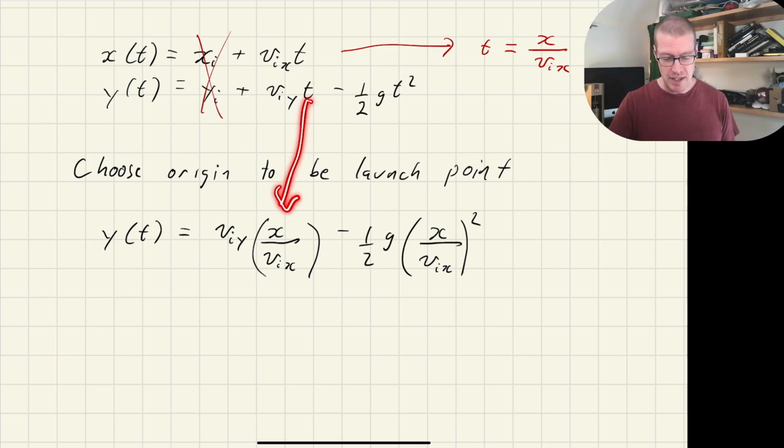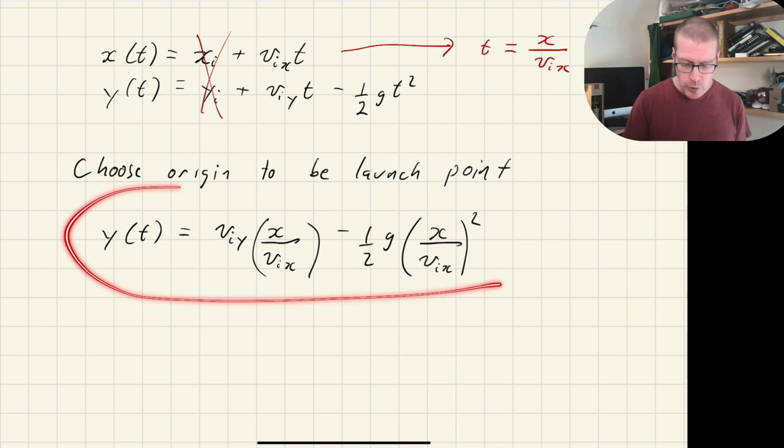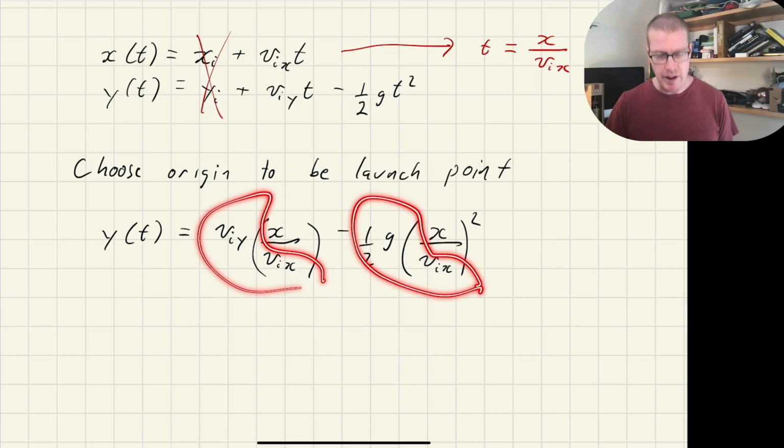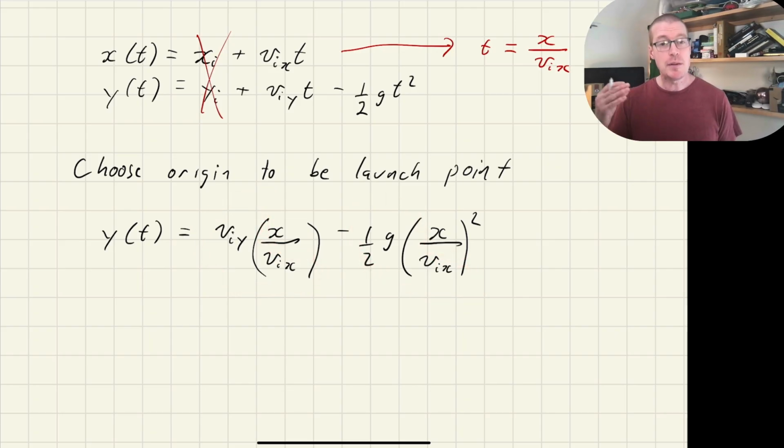So this term is here, this term is there. All right. Well, the wonderful thing about this is, there's weird constants floating around, but this is a parabola. And so we know that the trajectory is always going to be a parabola.